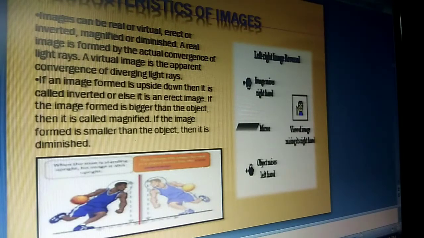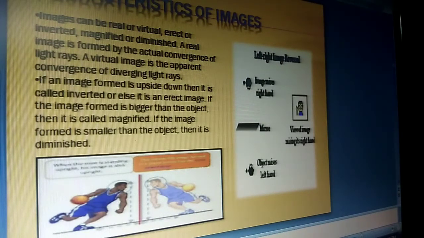That size which describes the image is called the magnification of the image. If the image is smaller, we say that it is diminished. If it is larger than the object, it is called magnified. So magnified images are bigger than the object and diminished images are smaller than the size of the object.